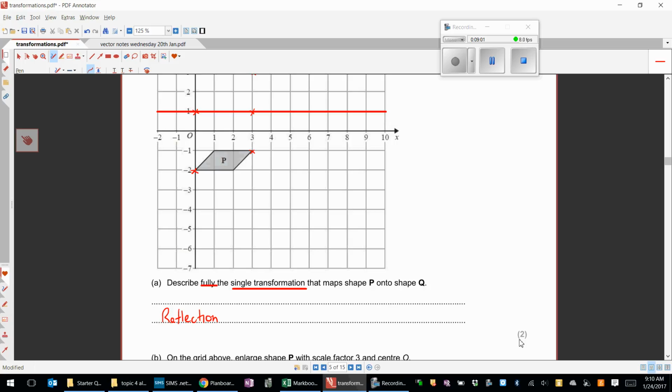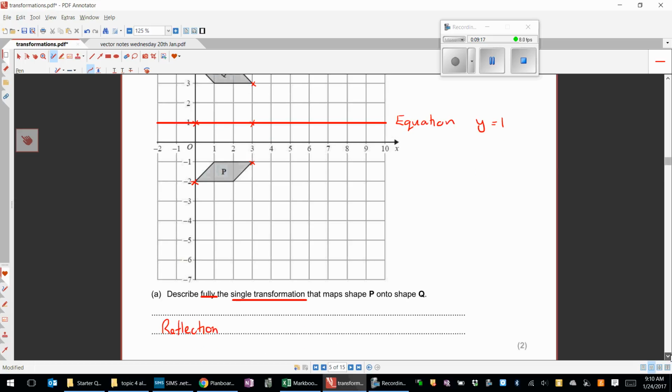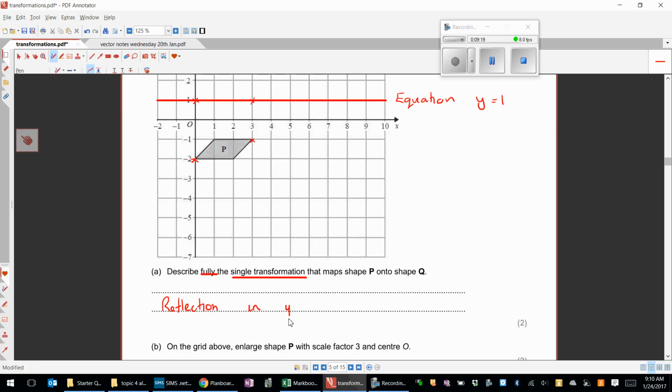We have to say what the equation of the line is. So once we've drawn our line in, what is the equation of this line? Good. y equals 1. So we could then say reflection in y equals 1. Now just to say, whatever you put here, in, about, it doesn't matter. There's 1 mark for getting reflection, there's 1 mark for saying y equals 1. How you link those together does not matter. You could just write reflection y equals 1 if you like.